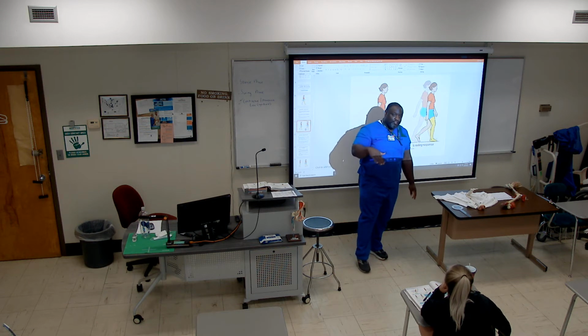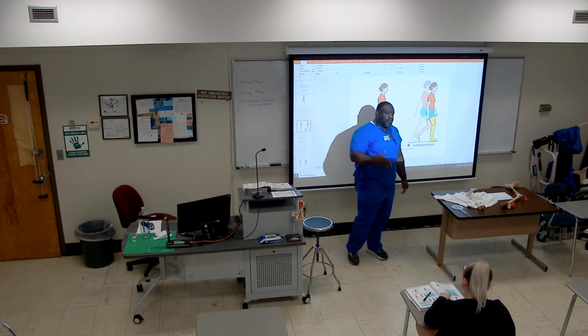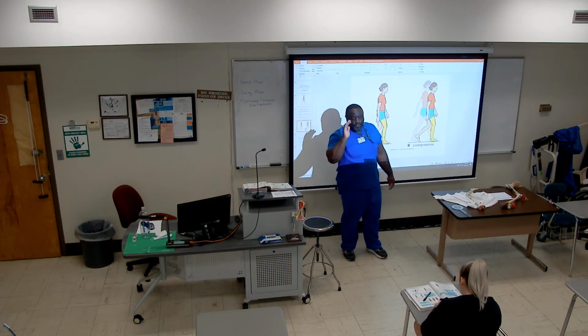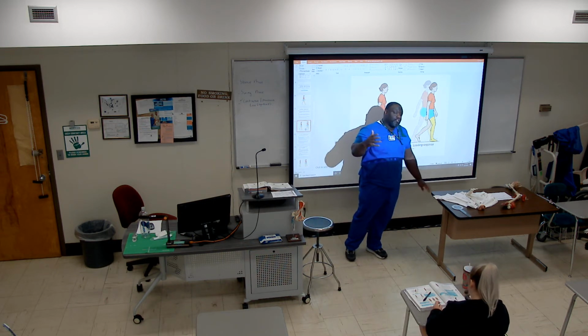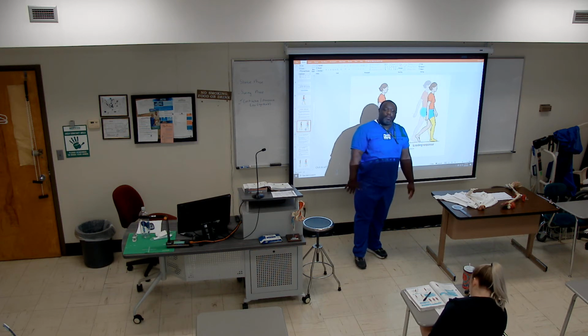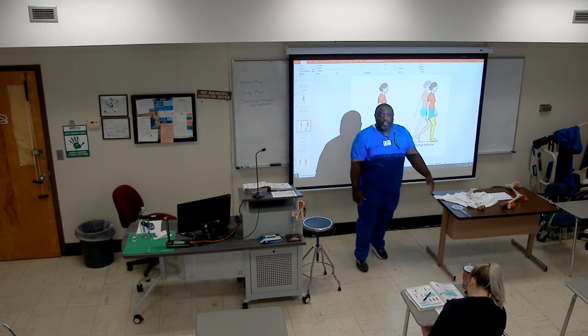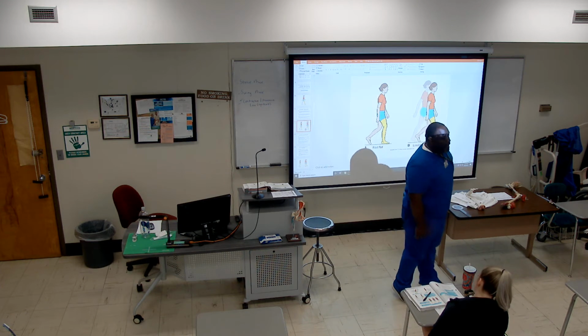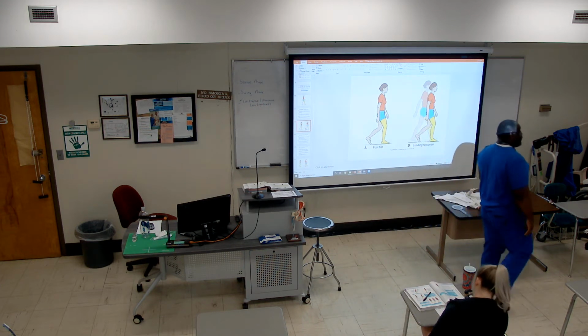It's in constant plantar flexion. Something happened, either a fracture or a neurological condition, and now my foot is in constant plantar flexion. I have a contracture of plantar flexion. Then I'm going to walk with what we call equinus gait.